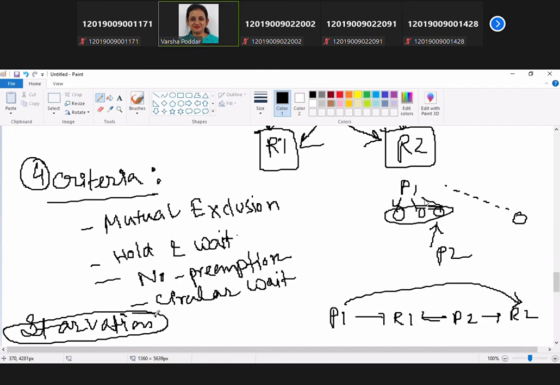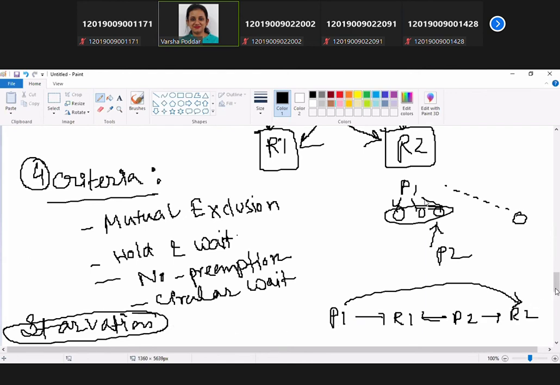If I am not getting the resources that I am supposed to get to complete my work, then starvation can occur, and starvation will create the deadlock. One by one, processes starve, and then only deadlock can happen.